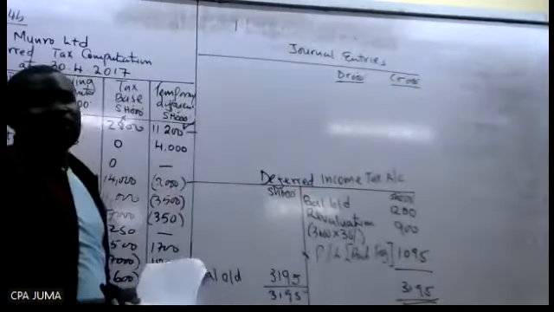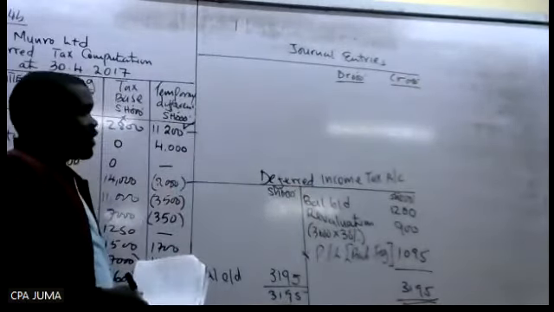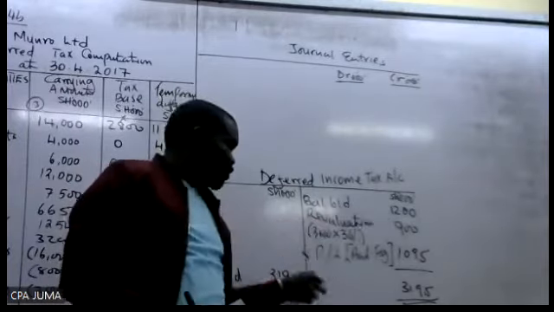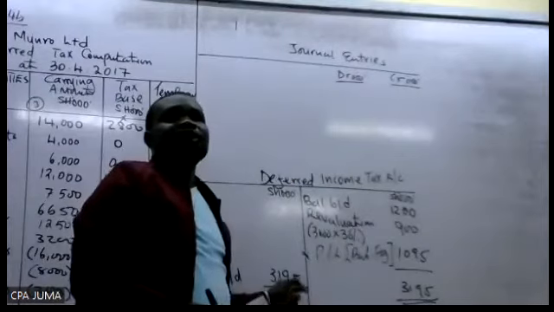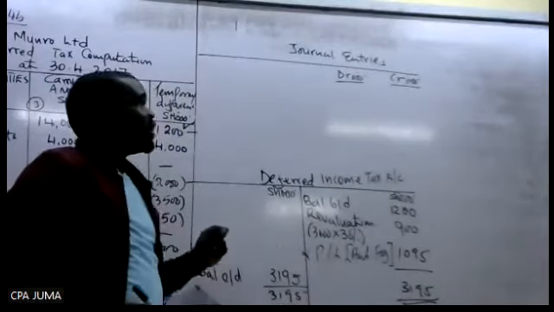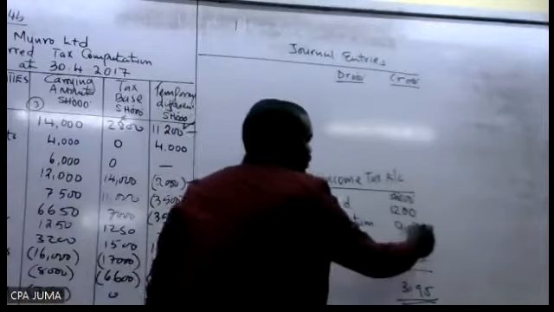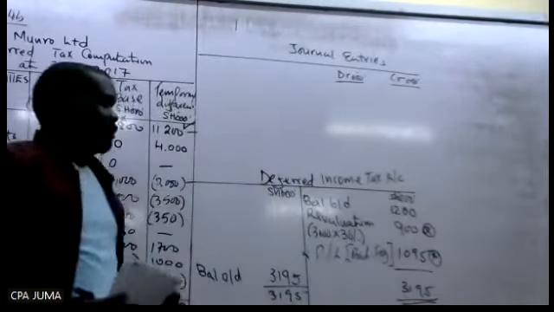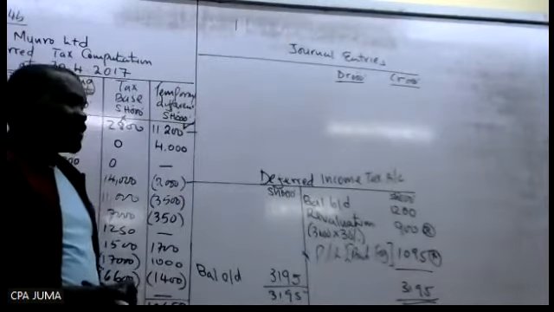So to record the changes, when they tell you to give journals to record the changes, changes means how it came from 12 to 3195. So the changes which you effect in the journal are these two, this one and this one here. Those are the changes, which is very simple.